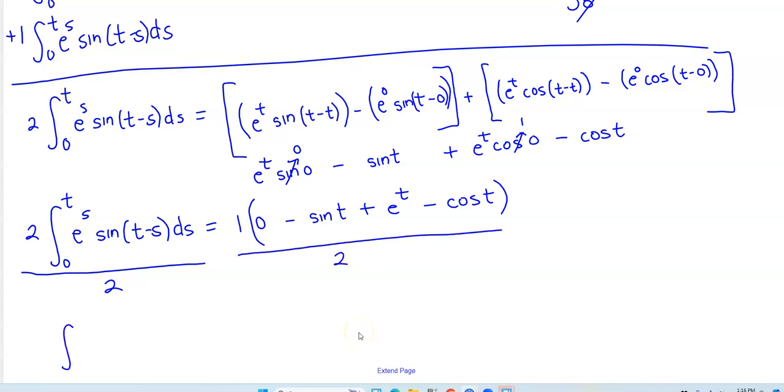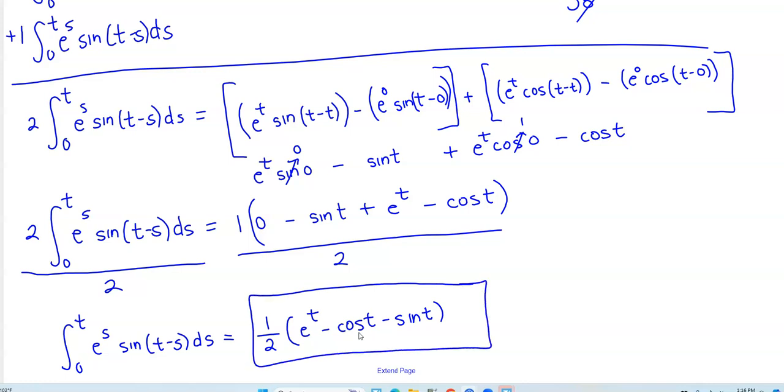And so we end up getting the following: the integral from 0 to t of e to the s times the sine of t minus s ds is going to equal 1/2. And now we're just going to reorder this. So we have positive e to the t minus the cosine of t minus the sine of t. And therefore there is our result.